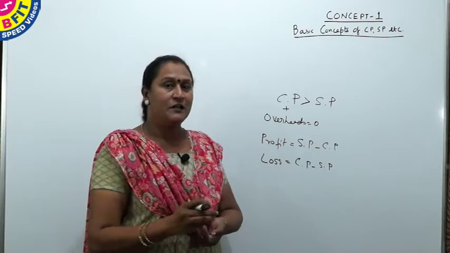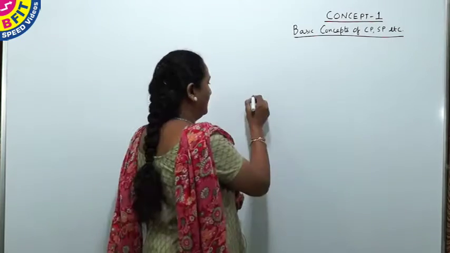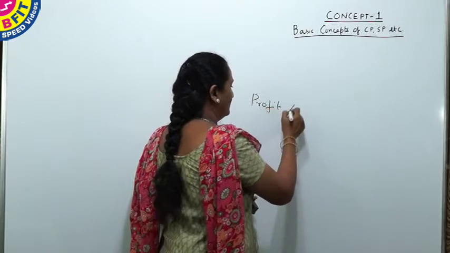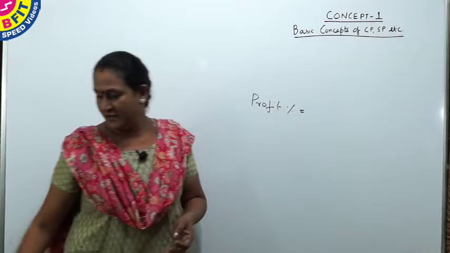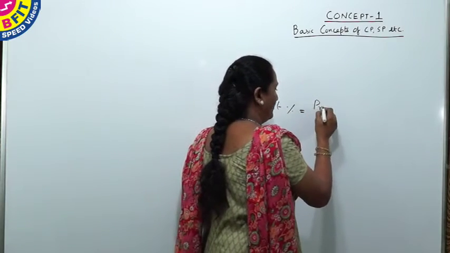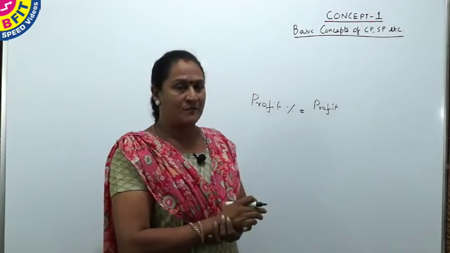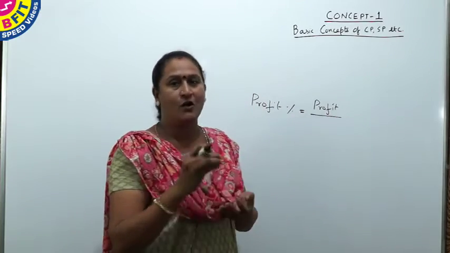And if they ask what is the profit percent, how do we calculate it? When profit percent is asked, the profit value, that is selling price minus cost price, is what percentage of the cost price.